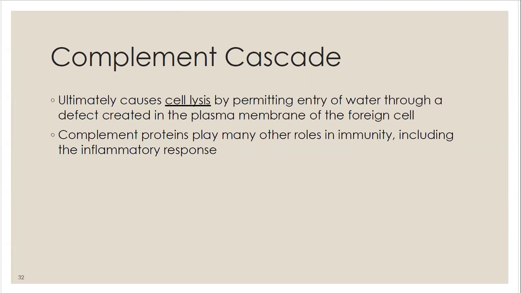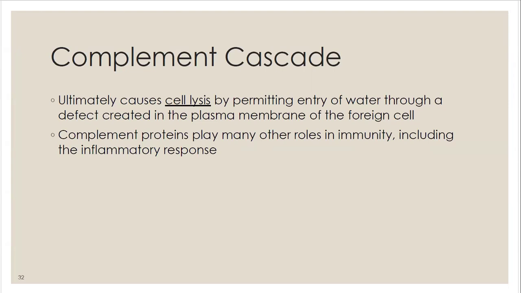The complement system creates tiny protein rings that insert themselves into the membrane of a foreign cell, such as bacteria. Those rings form pores in the membrane, which allow fluids and ions to enter the cell, ultimately causing the bacteria to burst open, which is called lysis. So it's cutting that cell open and allowing all the inside to come out and kill the bacteria.